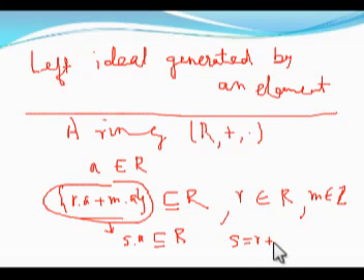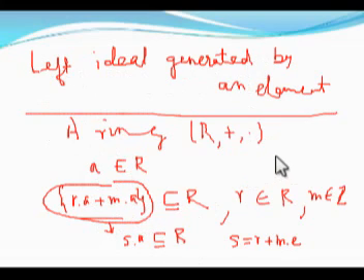If R has an identity element e, then ma is me. In this way the left ideal generated by an element can be defined.